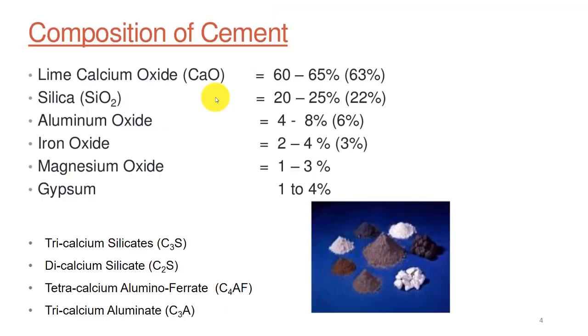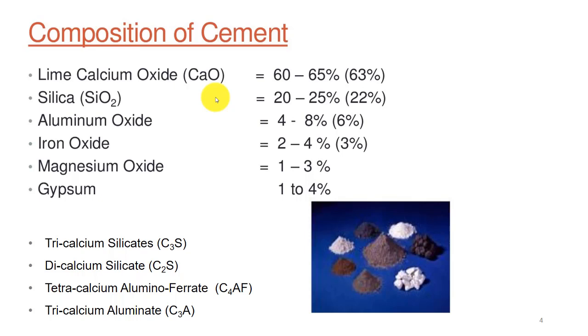So it's a composition. This slide shows the composition of cement. It contains quicklime, calcium oxide, in a very high proportion, 60 to 65%, and the calcium can be utilized based on your chemical composition.